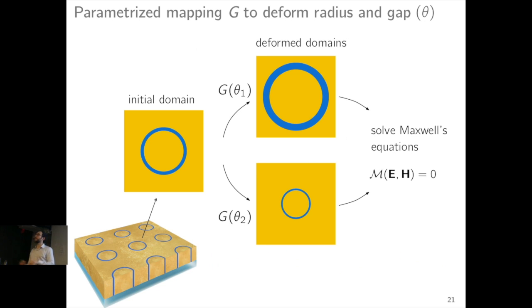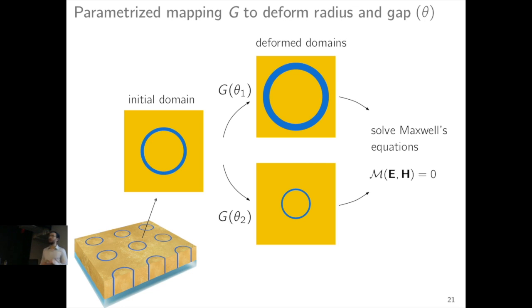In the next few slides, I'm going to describe how to apply reduced order modeling for the HDG method for good metals, and I'm going to focus on the case where theta describes geometry variations, which in my opinion is the most interesting one. Okay, so starting from this structure, we have the initial domain, this unit cell, and assume that we have a mapping G that prescribes homogeneous variations of both the radius and the gap.